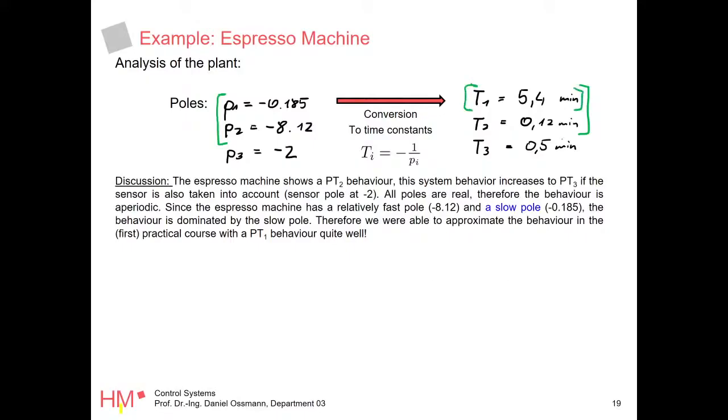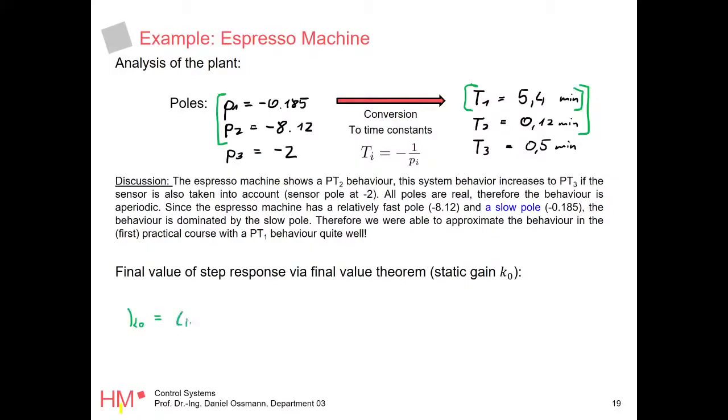One final thing which I wanted to do is, I'll take this 1 minute and compute the static gain, right? Which is nothing but taking the final value theorem, letting s go to 0 for our transfer function, which we can write u over s, times, when we do a step input, it's going to be 1 over s, and it's going to be s for the final value theorem.